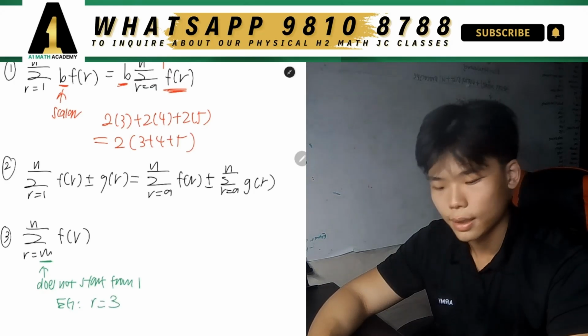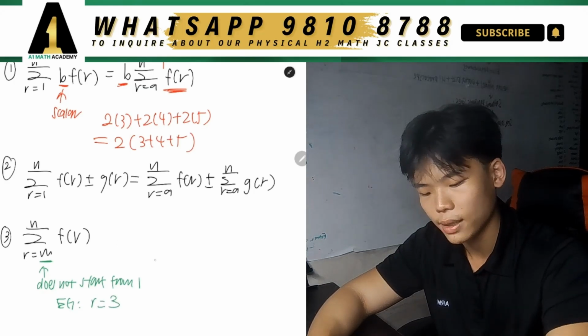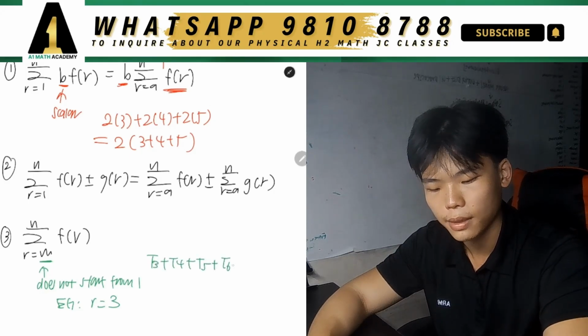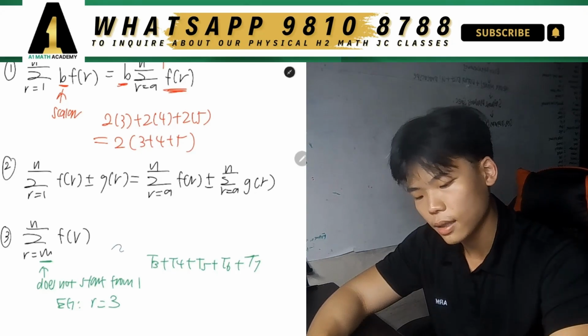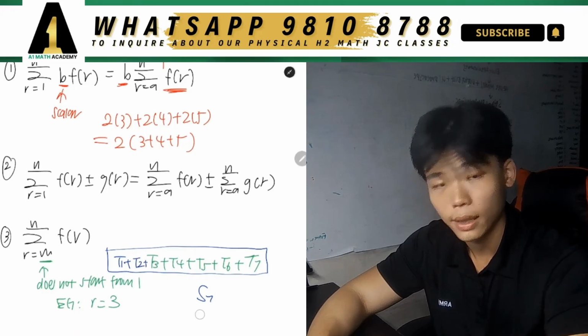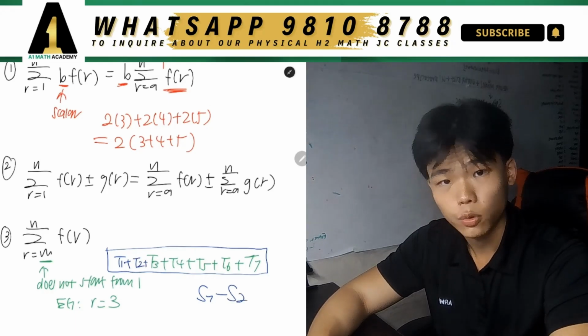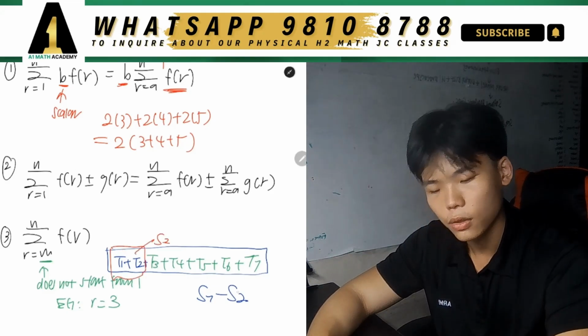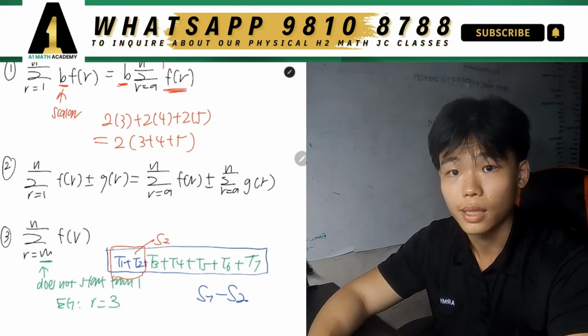And what I mentioned earlier is that, if we want to find out the sum of t3 plus t4 plus t5 plus t6 plus t7, we can technically find S7. So this would be t1 plus t2 plus t3 all the way until t7, then I minus away S2, because S2 would be t1 plus t2. So S7 minus S2 will give me t3 all the way until t7, the summation of all of that.